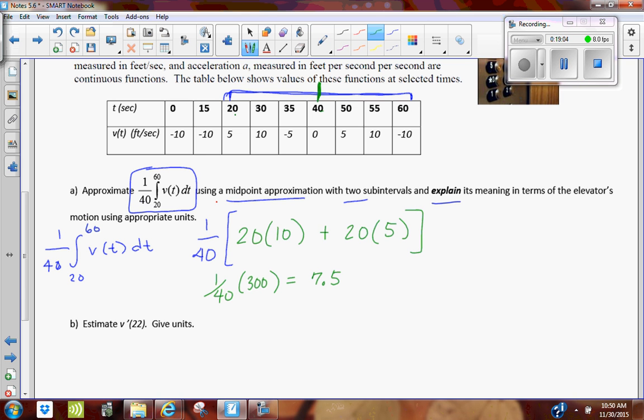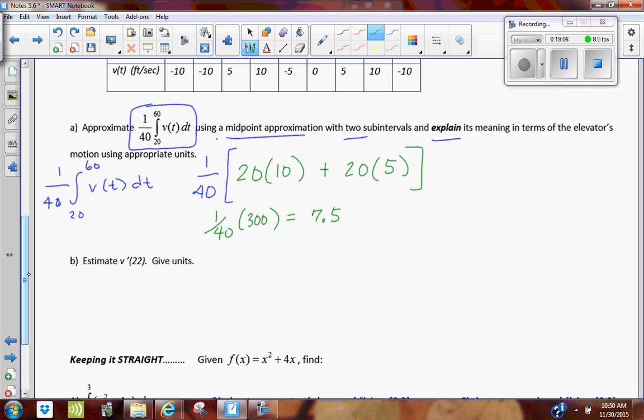All right, now it says explain the meaning. Okay, remember the 3 things that you want for the meaning. What is it, the units, and the time? Okay, so does anybody want to try this one? Average velocity of feet per second for t equals 20 to 60 seconds.